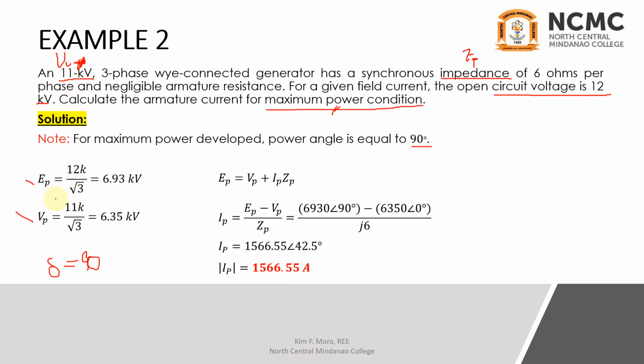This given value is always our VL, or line voltage, not the voltage per phase. So we need to convert this to voltage per phase, and that's why we divide it by square root of 3.